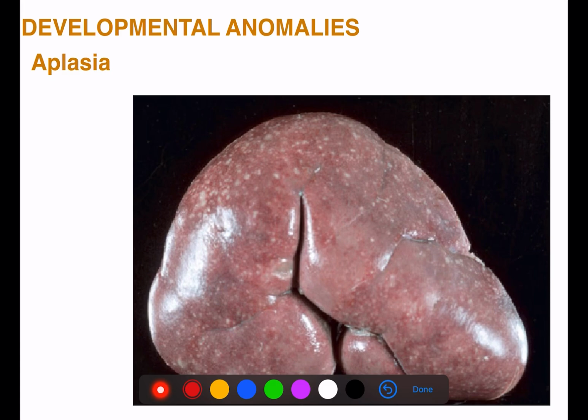As we took before in general pathology, aplasia means agenesis, or absence of the kidney.